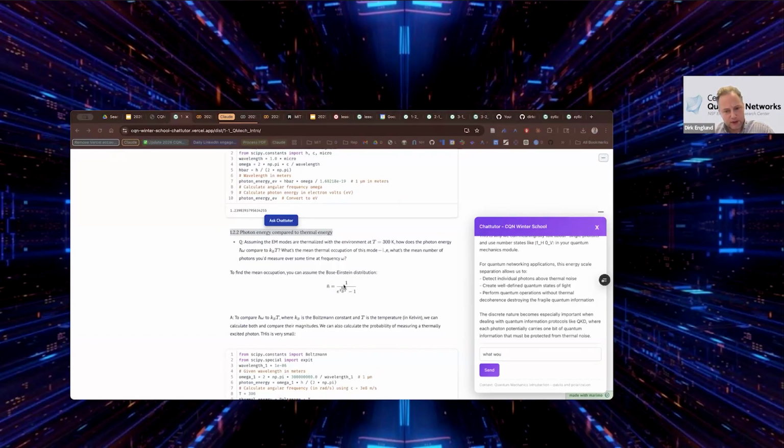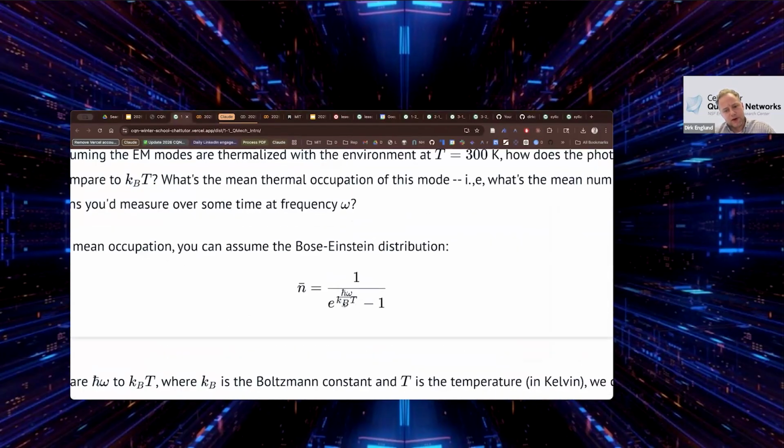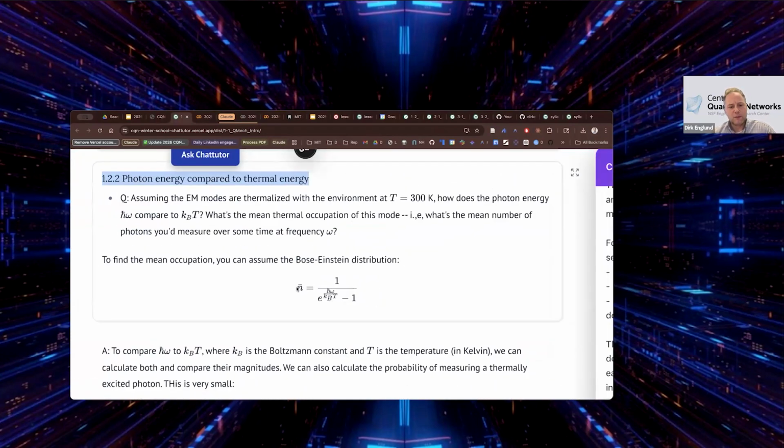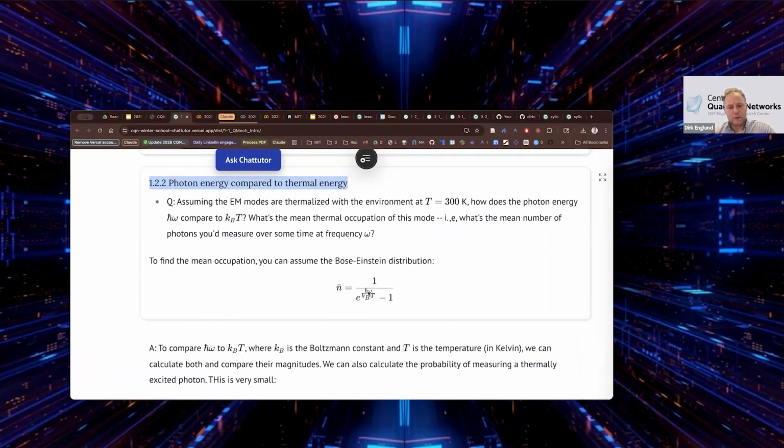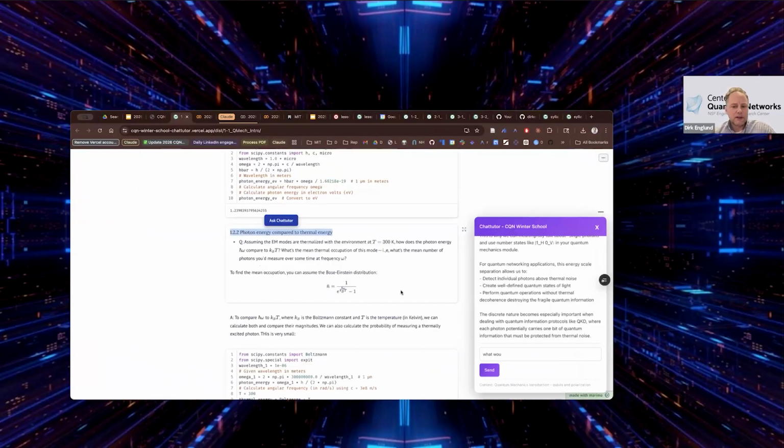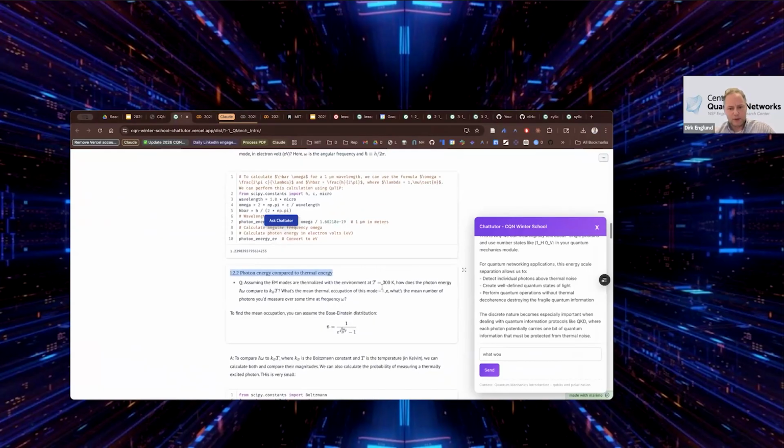And because the ratio of the optical frequency and the thermal energy at 300 Kelvin appears here in the exponent of the denominator of the mean photon number according to the Bose-Einstein distribution, if you plug in the numbers, 1 over e to the 40th power minus 1 is very close to zero. So this is why we're allowed to make that assumption for describing our optical channels.